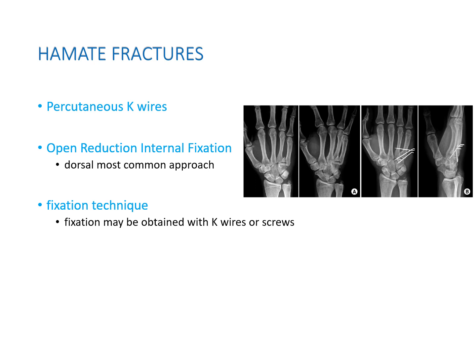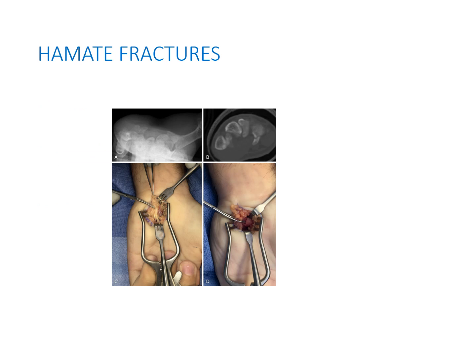If the patient undergoes open reduction, that is through the dorsal approach. Fixation can be done with K-wires or screws. Excision of the hook of the hamate non-union can be done through a palmar approach, either carpal tunnel or Guyon's canal approach.